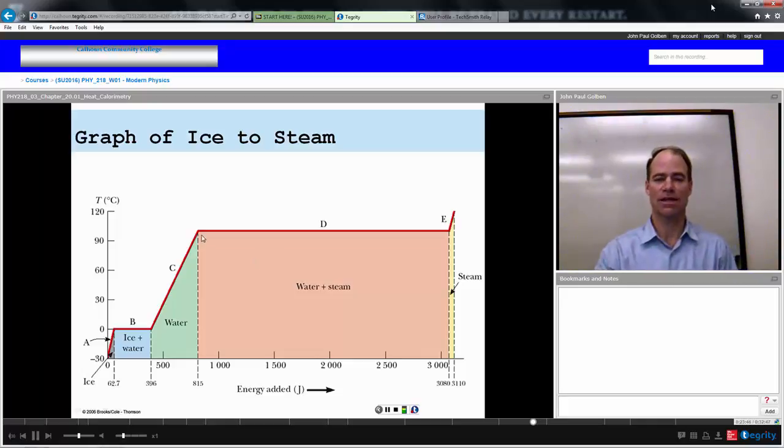So at 100 degrees Celsius, constant temperature, we start going through this phase change, which requires all this extra energy to go from water to steam. Finally, when we make the phase change, we've got steam, and we can heat that up to higher temperatures if we wish. So we can see that in this graph of going from cold ice into hot steam, most of the energy required is going to be in the latent heat of vaporization when we go from liquid into gas.